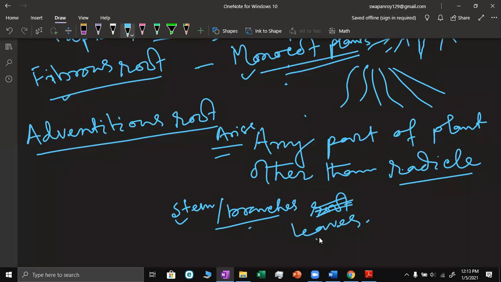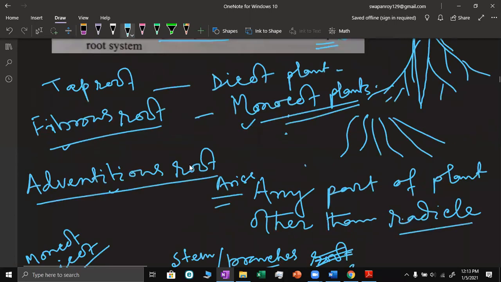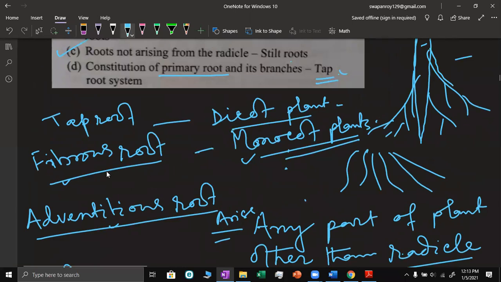So stem, branches and leaves mainly. Adventitious root is found in both monocot as well as dicot. So taproot is dicot, fibrous root is monocot, and adventitious root is in both.